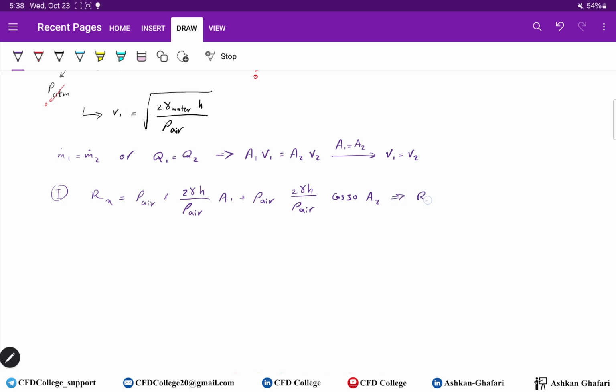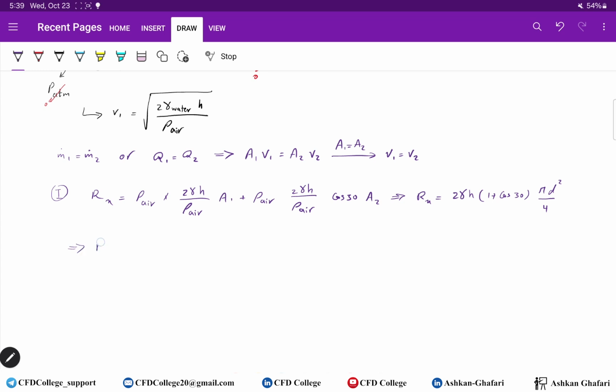So Rx equals 2 gamma h times 1 plus cosine of 30 times area, which is pi d square over 4.